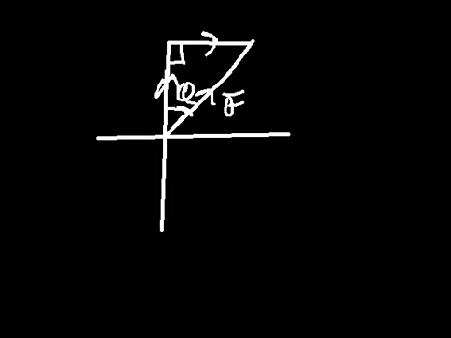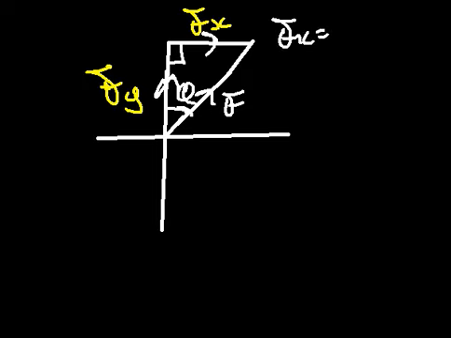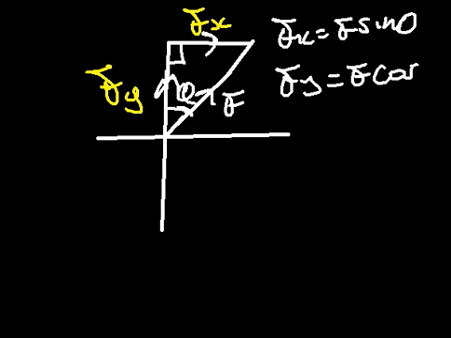Now this is the y component, which is Fy, and this is Fx, which is the x component of the force, or the vector rather. You understand that Fx will be given as F sin theta, since the angle is against the y-axis, and Fy will be F cos theta. So don't memorize.